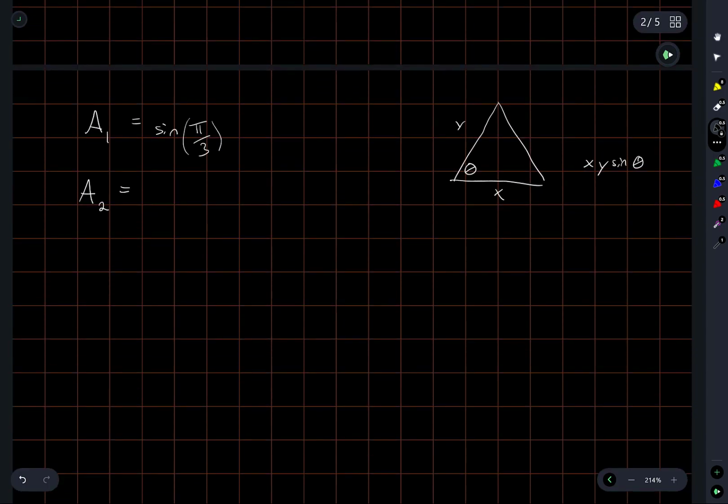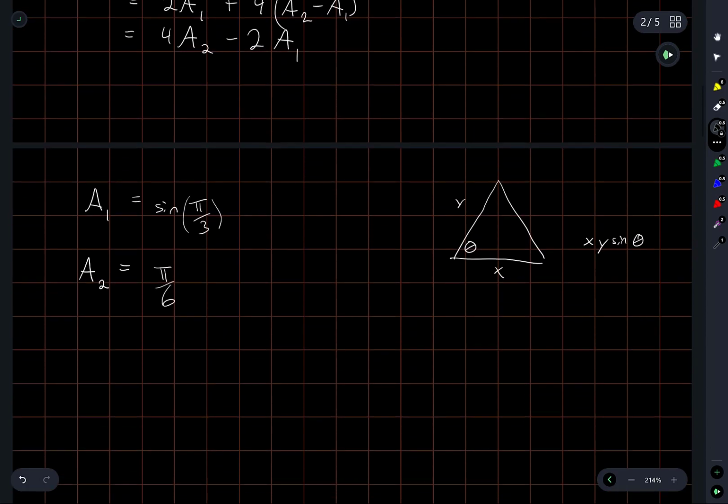And A2 is the area of the circular wedge, which is going to be the area of the circle, which is pi, multiplied by 1 over 6, right? Because the wedge is a sixth of a circle.